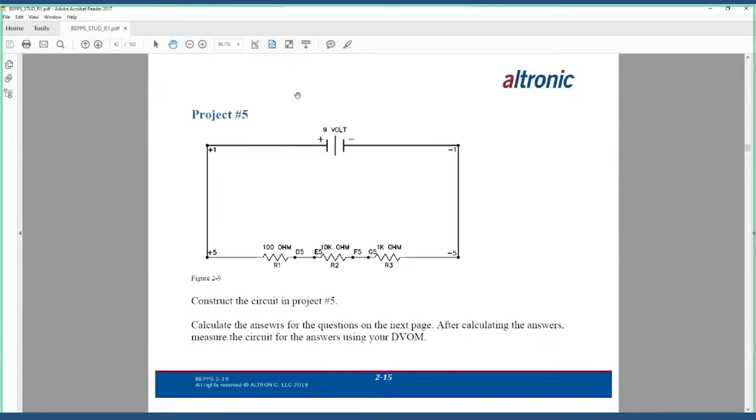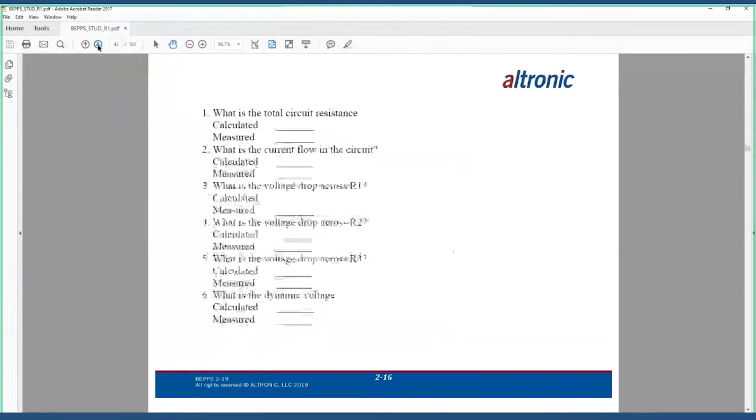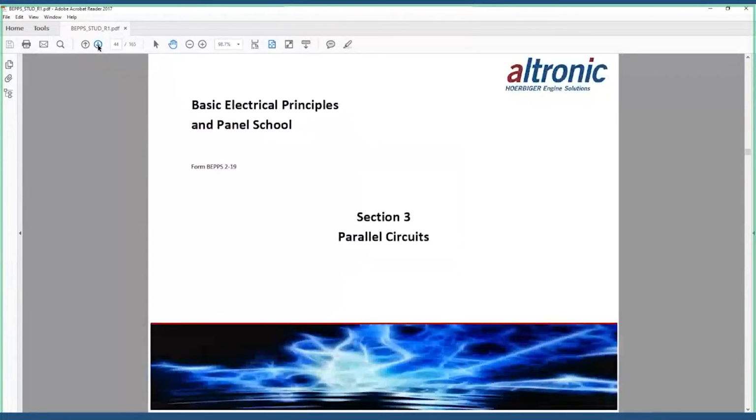But the correlation of being able to read the most simple schematic in the world and laying it out and building it, and then dissecting it both with an actual physical voltmeter to verify some of the values, as well as taking the time to work the math the way I just demonstrated in a couple of examples, is pretty valuable. It also helps us as we get further down into the class to understand how to read schematics and apply them. So with that, I want to jump over to the parallel circuits.